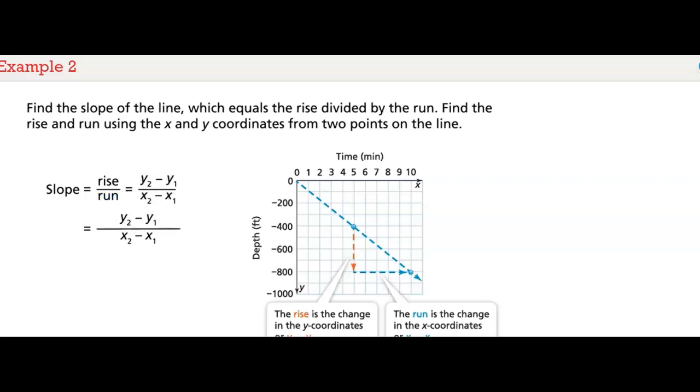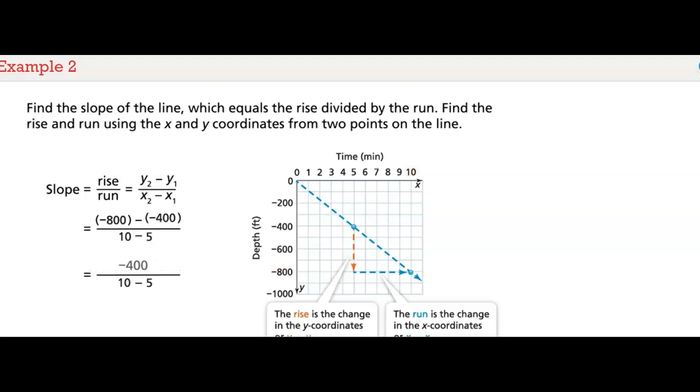Now, substitute values for the variables. For the first point, the x-coordinate is 5, and the y-coordinate is -400. For the second point, the x-coordinate is 10, and the y-coordinate is -800. Now, simplify the fraction.